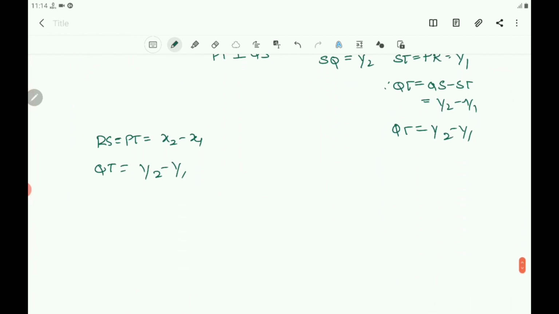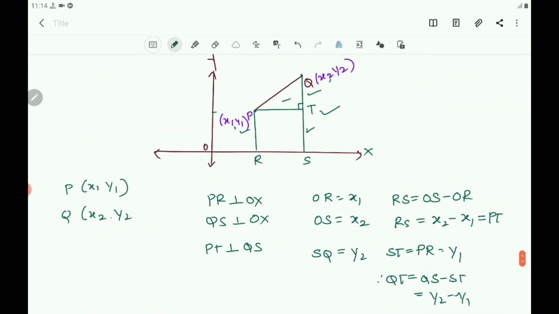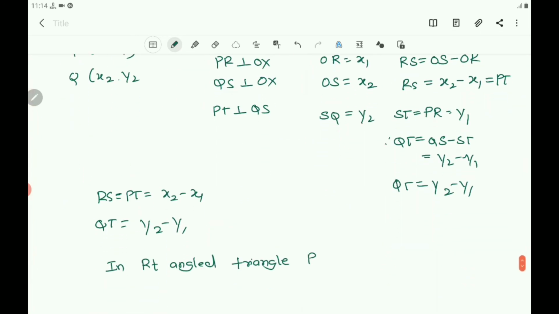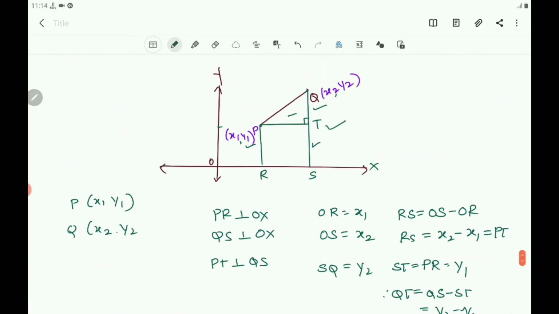Now let us have the right angle triangle PTQ. Which is the hypotenuse here? As angle PTQ is a right angle, PQ becomes the hypotenuse.